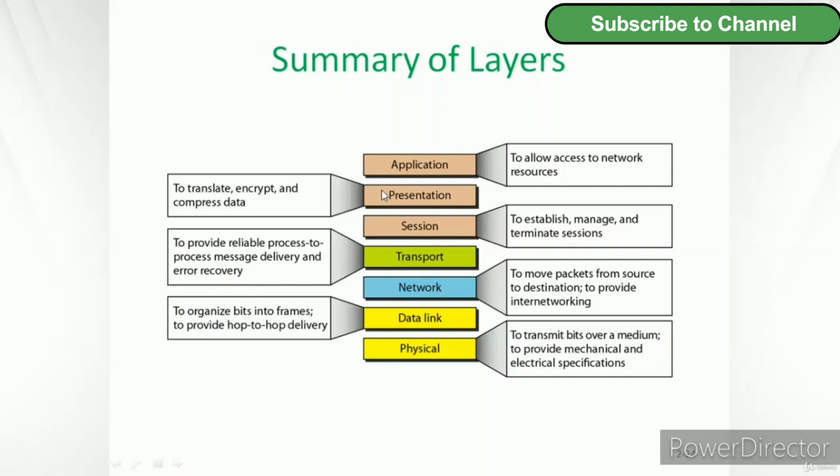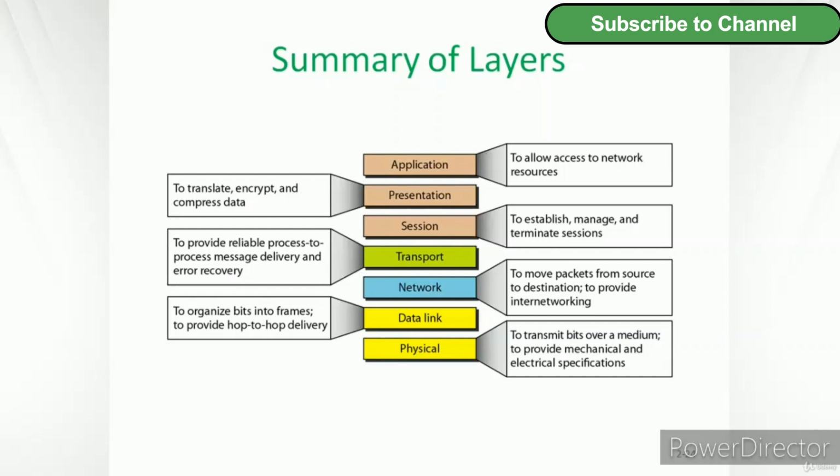It is responsible for translation, encryption, and data compression. And the application layer allows access to the network resources. Here the user is using the different services, as I told in the previous slide: mail services, file transfer, terminal login. Everything we do on the computer is done by this application layer.